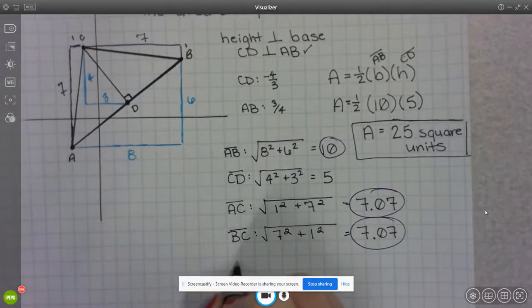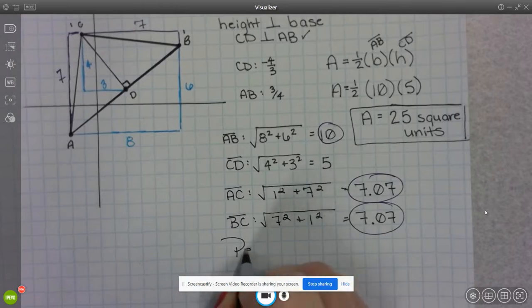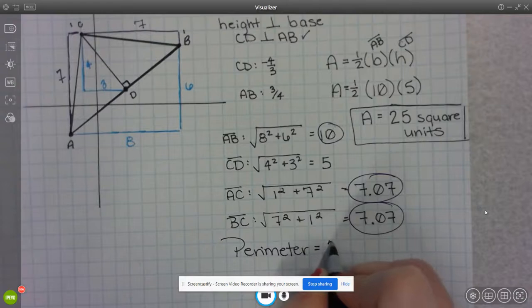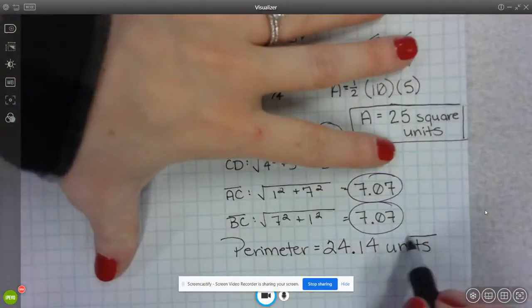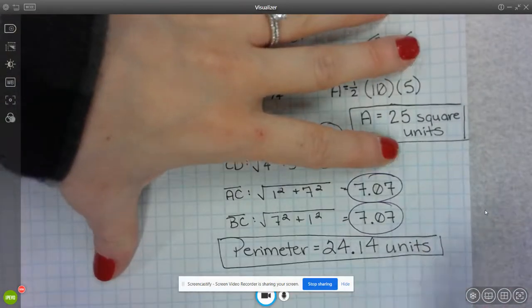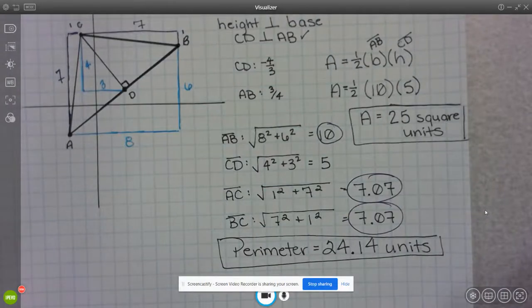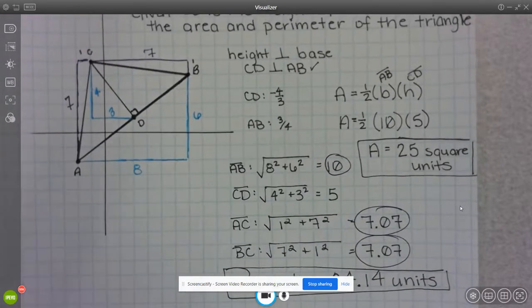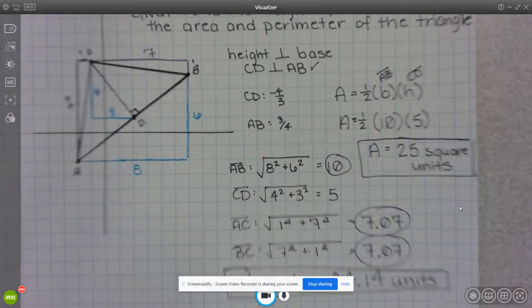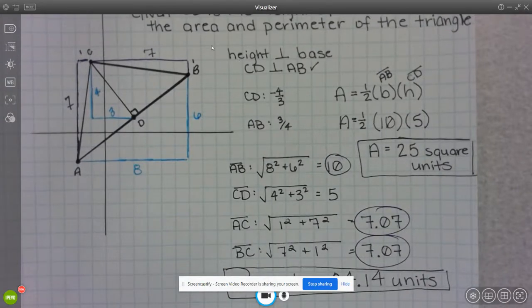So our perimeter is 24.14 units. And this is just units because perimeter is a one-dimensional measurement where I'm going around the outside of a triangle. So one thing we always need to make sure of when I'm being asked to find the area of a triangle is that the height and the base are perpendicular, which I do by looking at slopes.